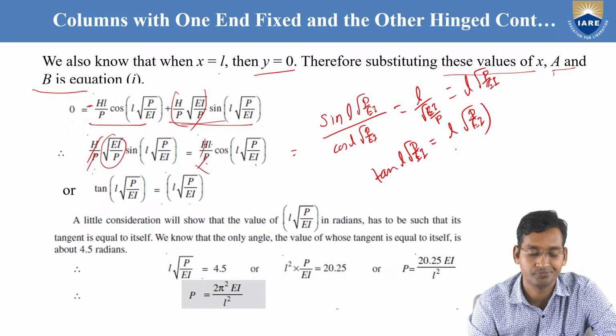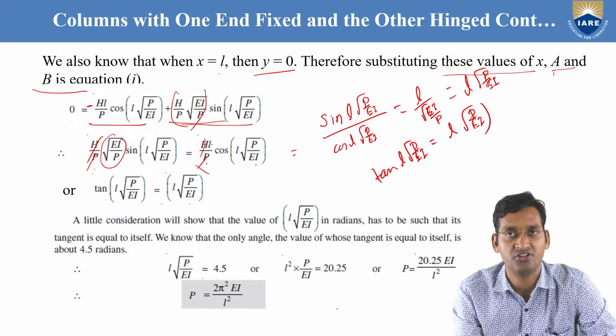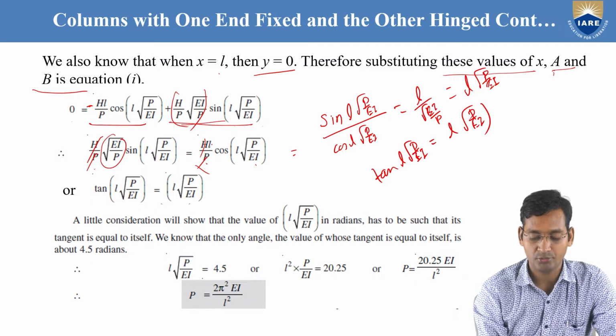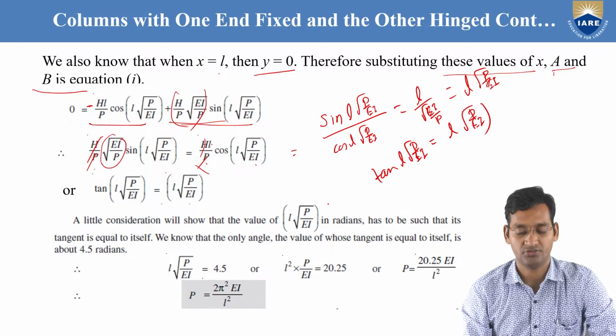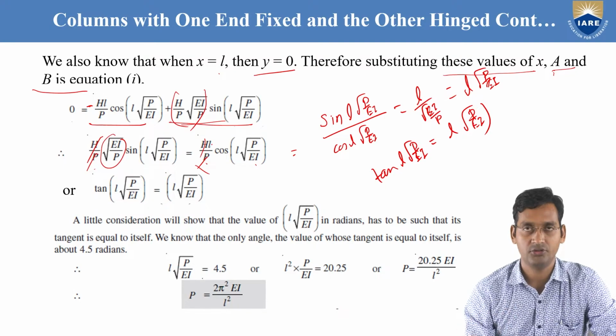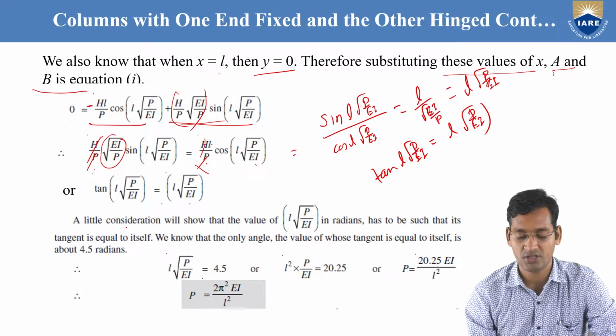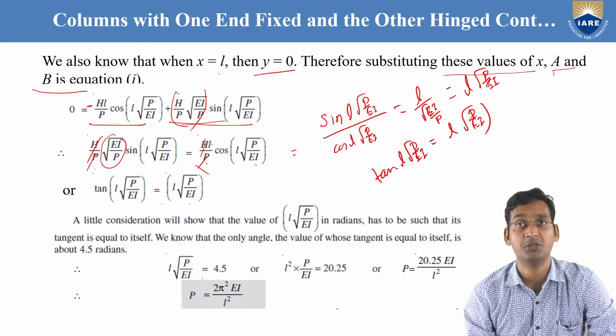Again, a small consideration is required, so you have to take care here. A little consideration will show that the value of L root P by EI in radians has to be such that its tangent is equal to itself.